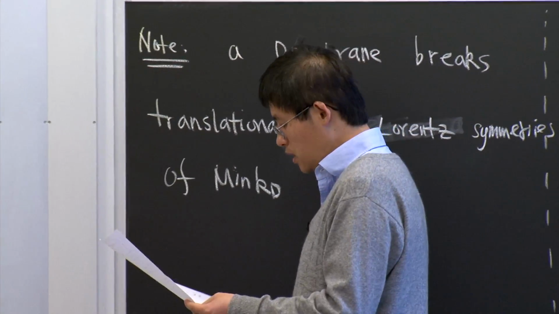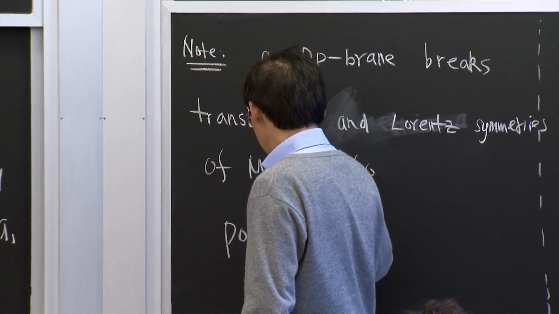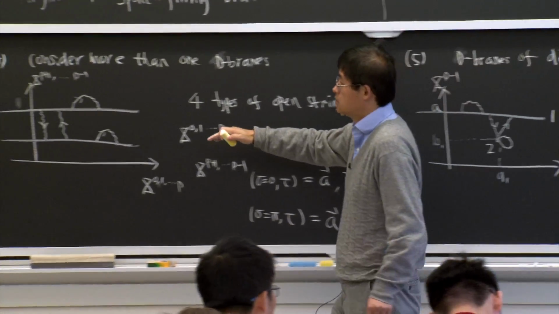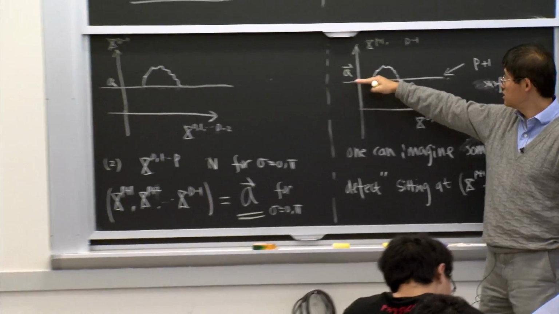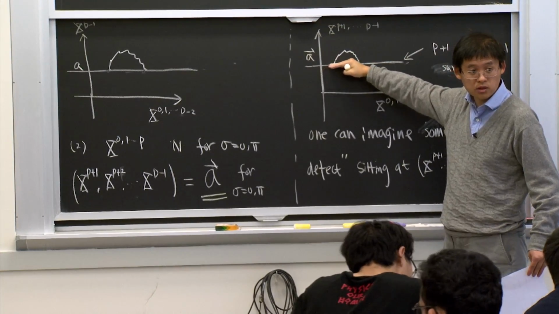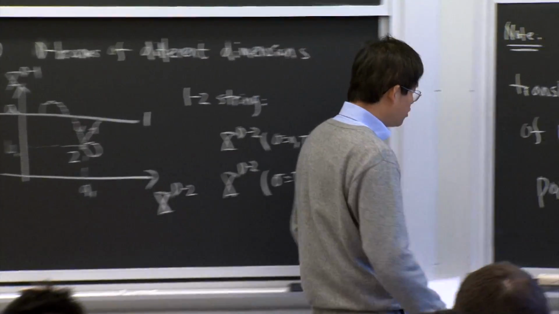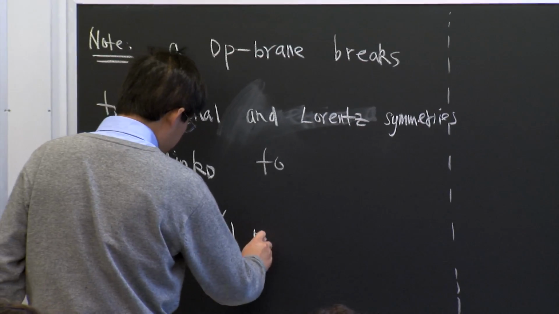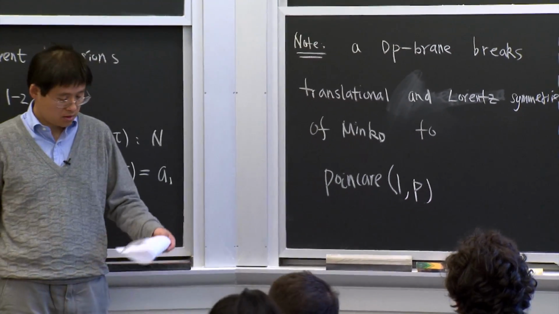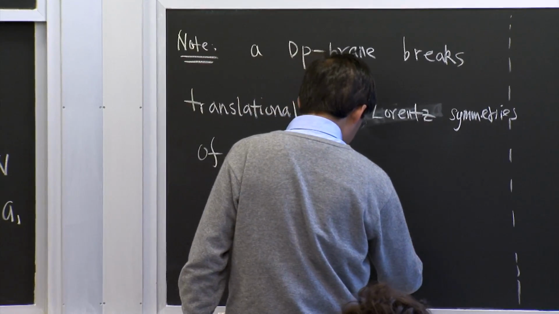The subgroup is that you still have translation symmetry and Lorentz symmetry along the brane direction. Along the brane direction, your string can still translate, and there's still Lorentz symmetry in that direction. So there's still Poincare symmetry in 1, p, so in the time and the p spatial dimensions along the brane. And then you have rotational symmetries in the directions transverse to the brane.